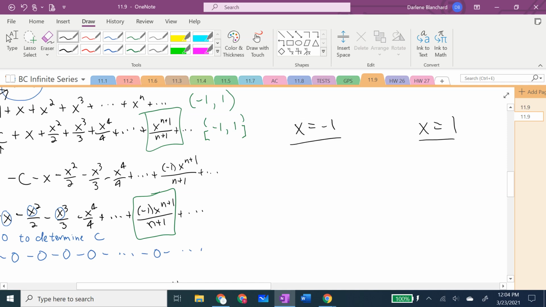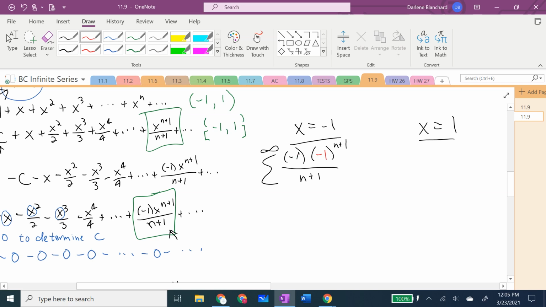And I'm going to go ahead and use the more confusing one, just so I can point out to you how to work with it. So I have -1 times x to the n plus 1 over n plus 1. And I'm plugging a -1 in where that x is.